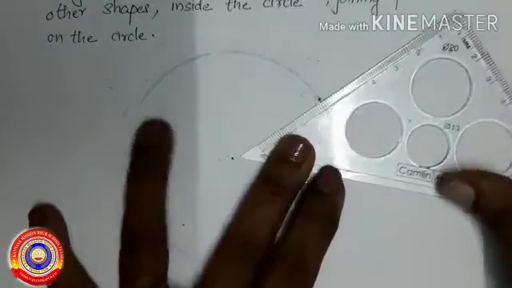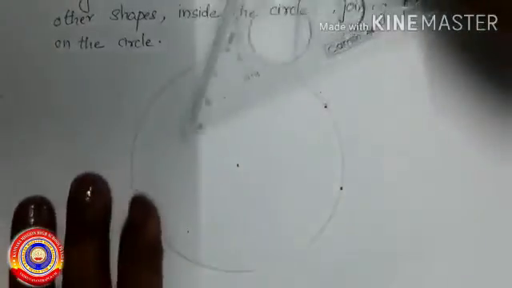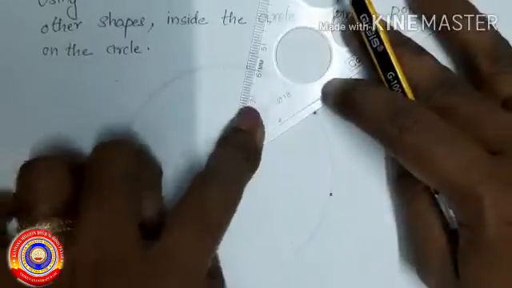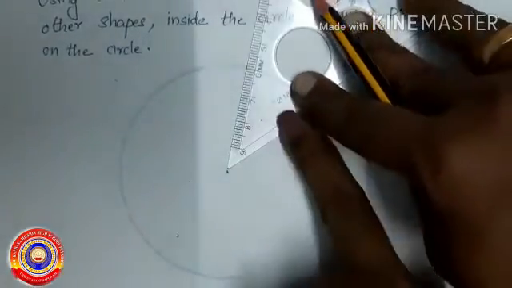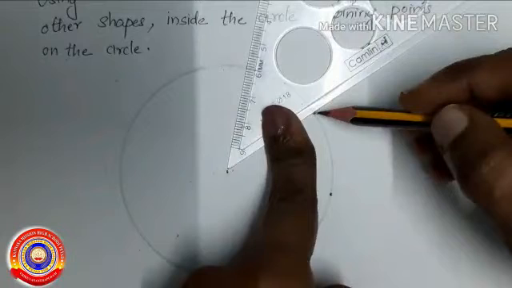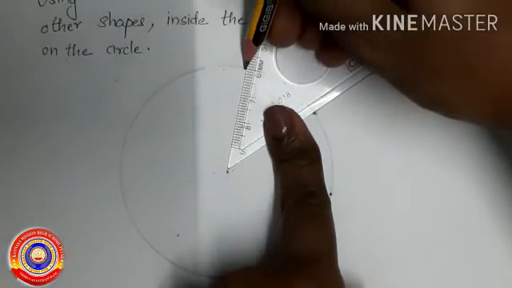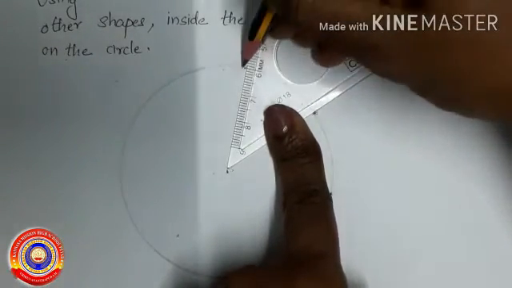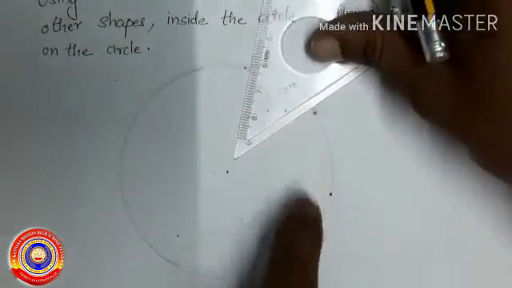Now place the set square such that the slanting corner meets the center of the circle and one of the edges of the set square meets the point we had last marked. Now mark a point on the circle towards the other side of the set square.